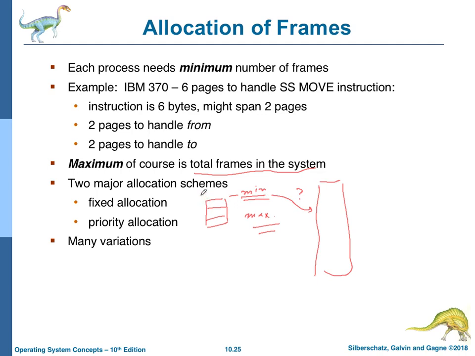For example, if this process needs only 2 pages minimum for execution, then maybe we allocate a 4 page slot to this process, let's say P1. And we have another process P2, which maybe needs 3 pages minimum for execution, and so we allocate 4 or maybe 5 pages.